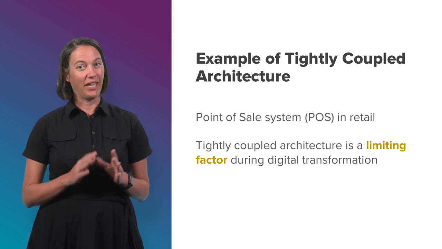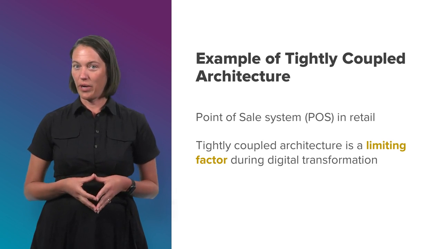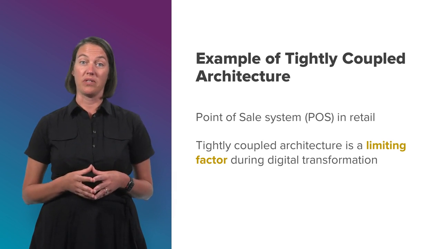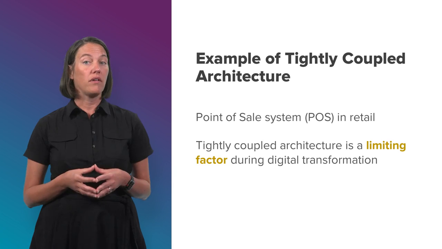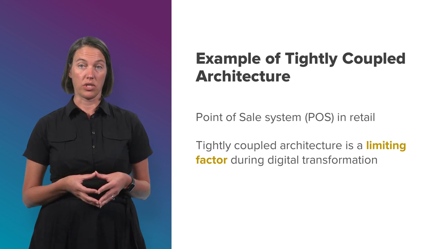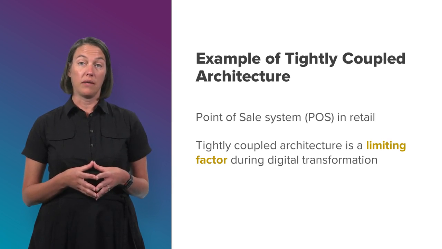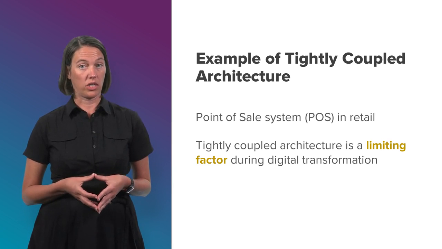For example, in retail, often the point-of-sale system is tightly coupled to other systems because traditionally, POS vendors have not created loosely coupled architectures. They are not typically API or service-based architectures.